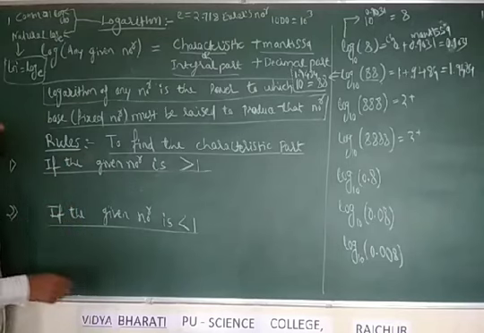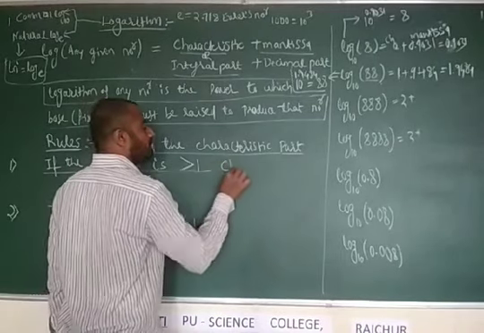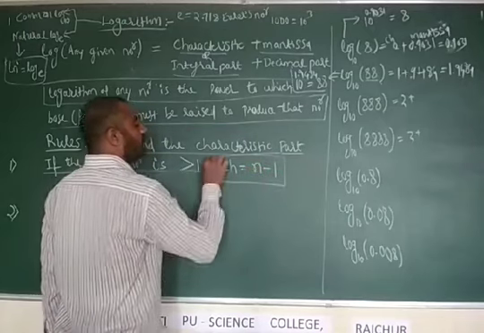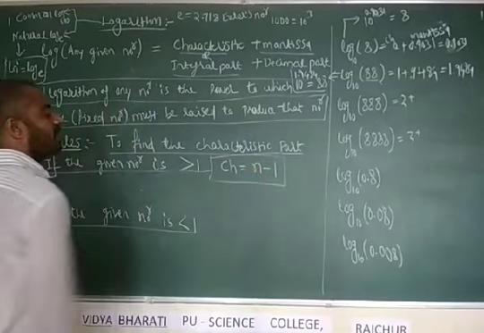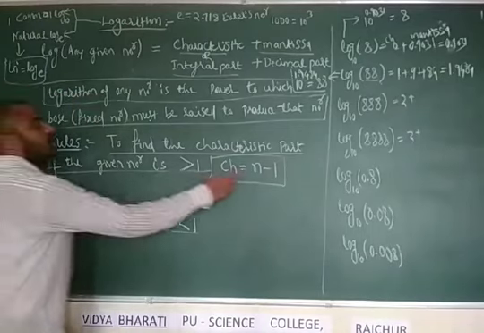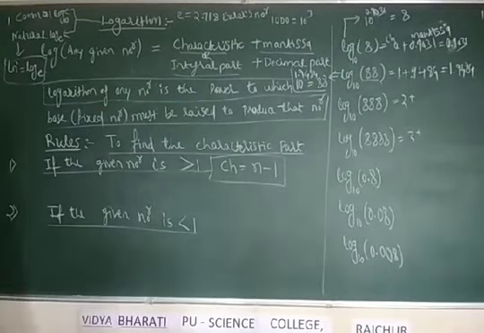To find it, we have a rule. That rule is: characteristic is equal to n minus 1. See, simple formula. By using this, we can find the characteristic of a given number.